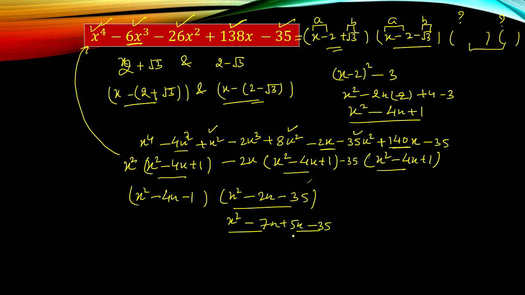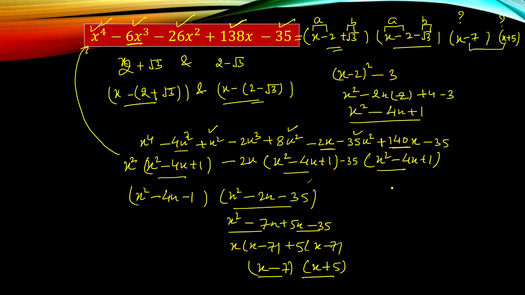If we take x common from the first pair, we will get x minus 7. If we take 5 common, so x minus 7 here. x minus 7 is the third factor and x plus 5 is the fourth factor.